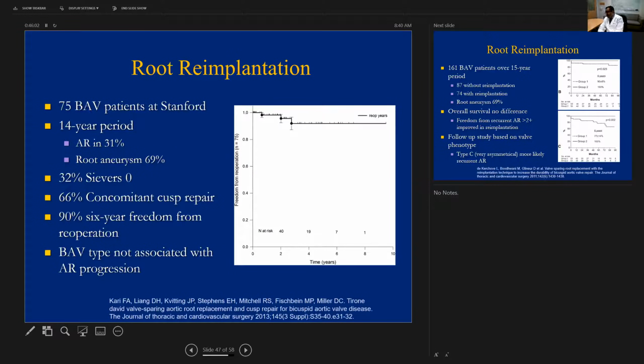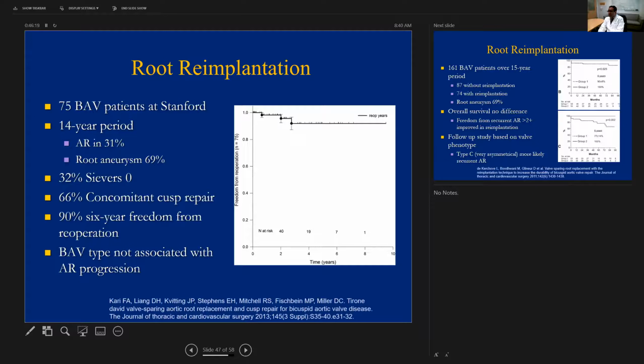This is from the Stanford group, which is one of the other busy bicuspid valve repair and root reimplantation groups. In their report from 2013, I think now they're up to almost 150 bicuspid valve root reimplantations.